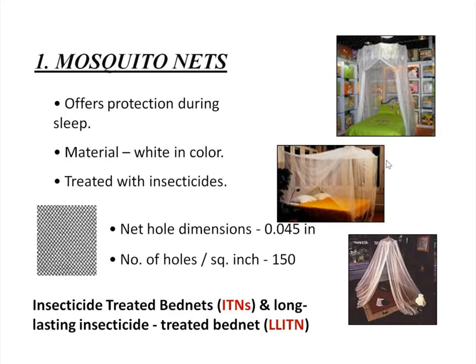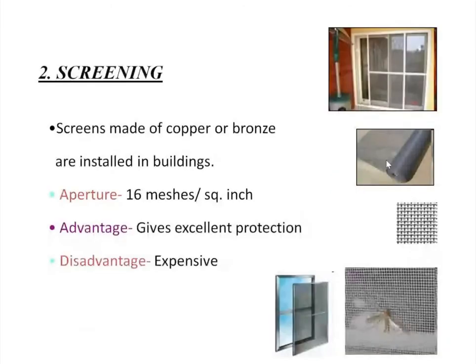These nets are coated with insecticides for more protection. So the mosquito net dimensions are important: each hole should be 0.045 inches, and each square inch should have at least 150 holes. That's about mosquito nets.